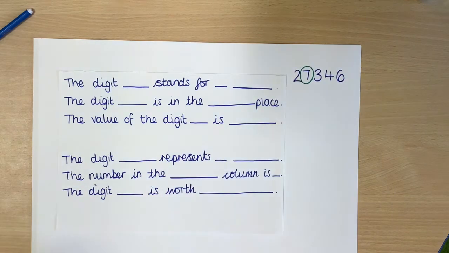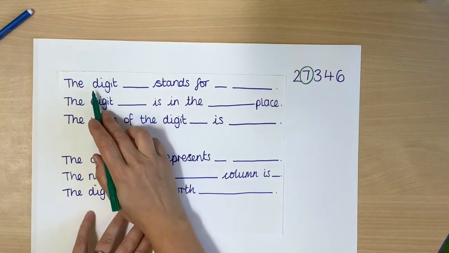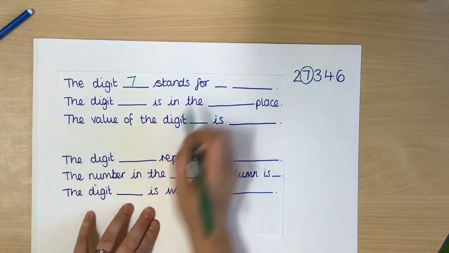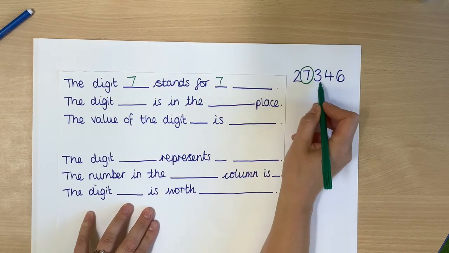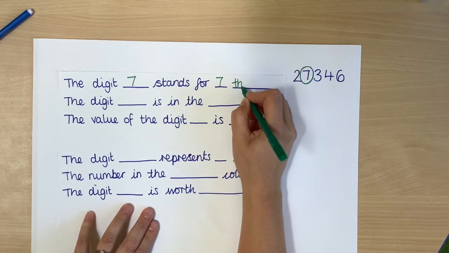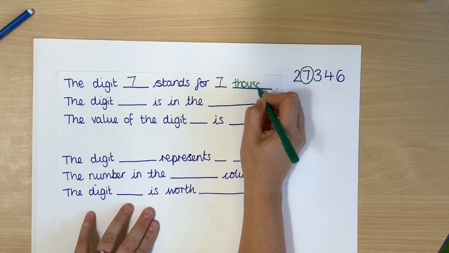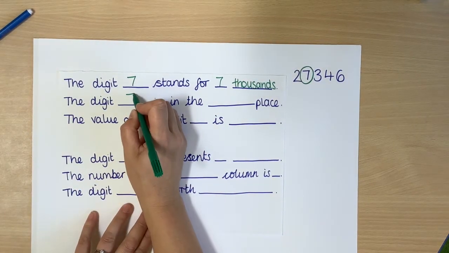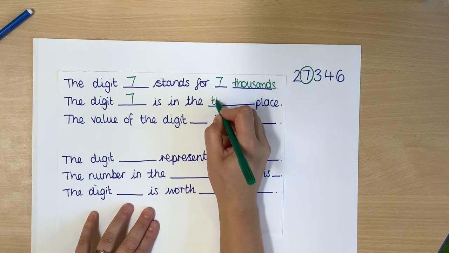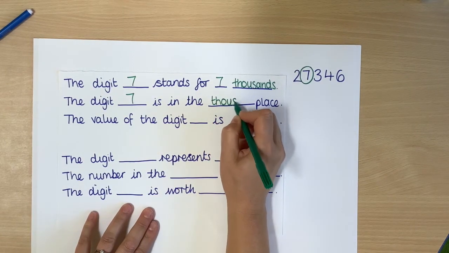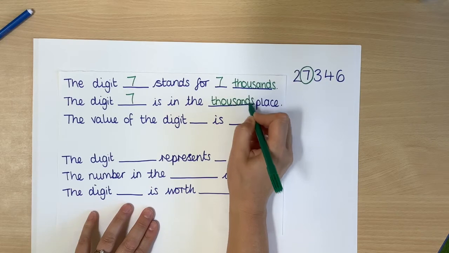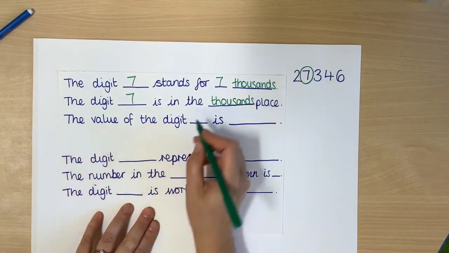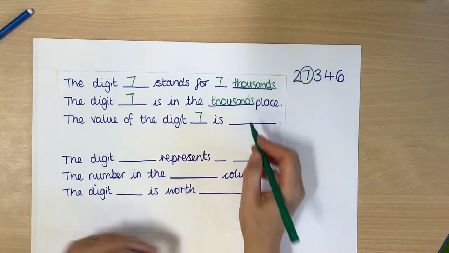Okay, so thinking about what that 7 means. The digit 7 stands for 7, it's in the thousands column. So it stands for 7 thousands. The digit 7 is in the thousands place. So can you see I'm saying the same thing in a slightly different way?